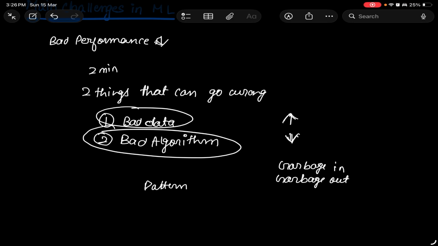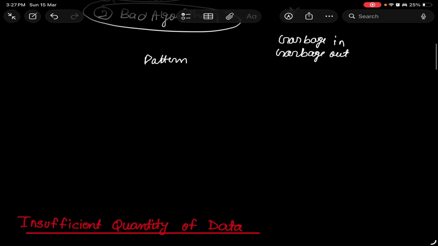So what are the challenges that make machine learning go in the wrong direction? The two main things I told you about: bad algorithm and bad data. If we talk about the data, what are the cases in which the data can go bad?